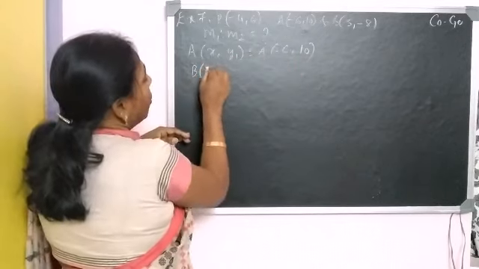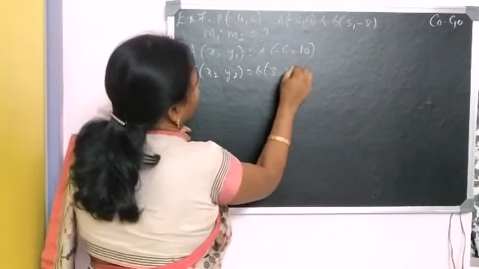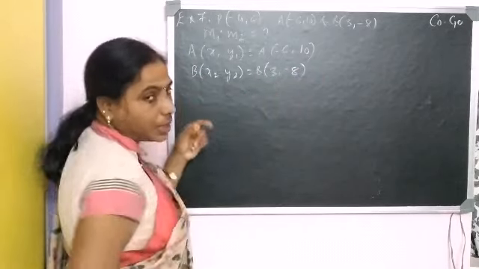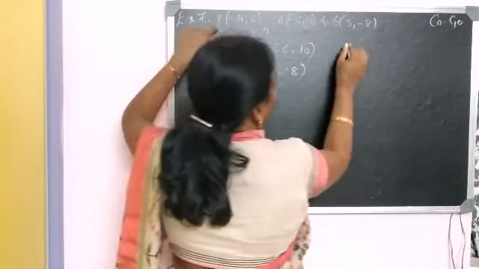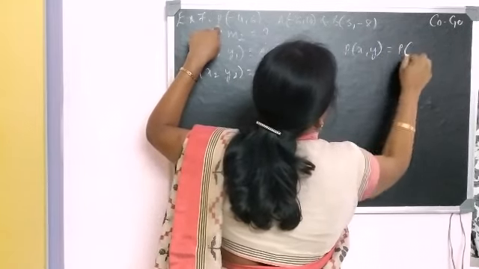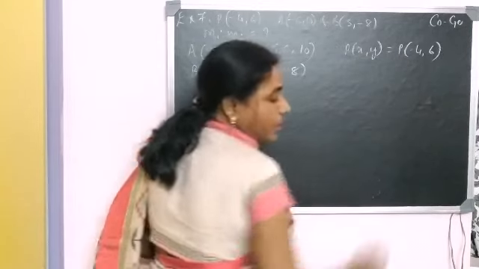Similarly, B of x2 y2 is B of 3, minus 8, so x2 is 3 and y2 is minus 8. And P of xy is P of minus 4, 6: x is minus 4, y is 6.